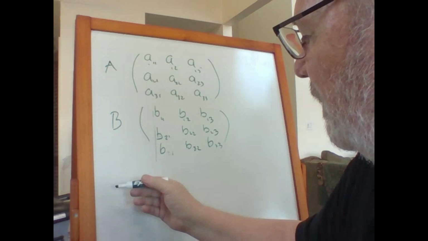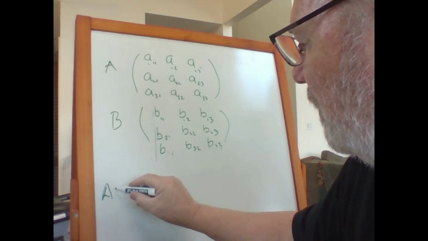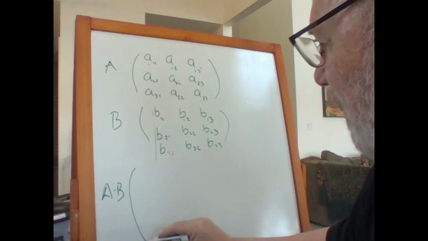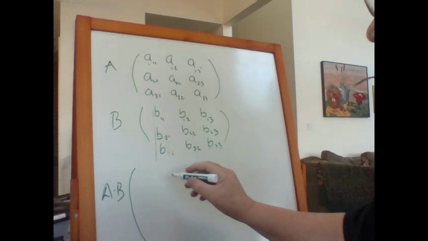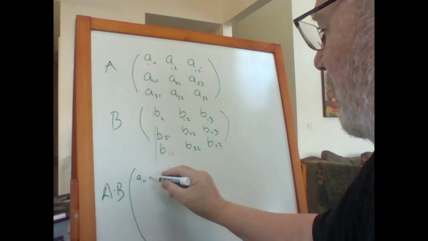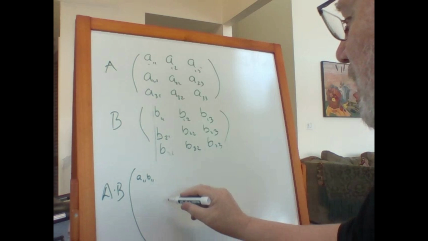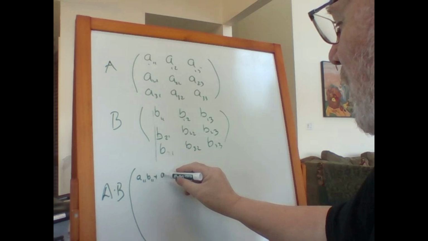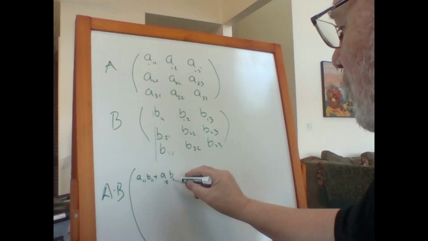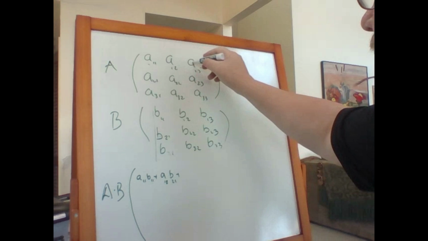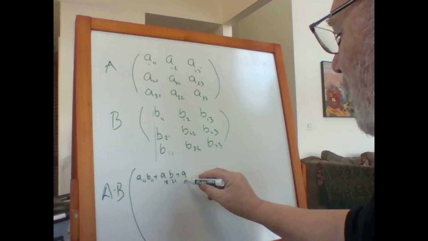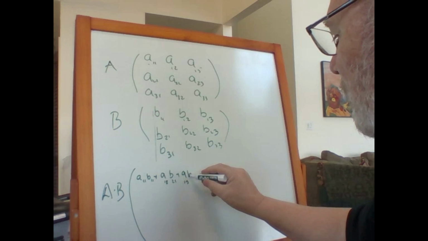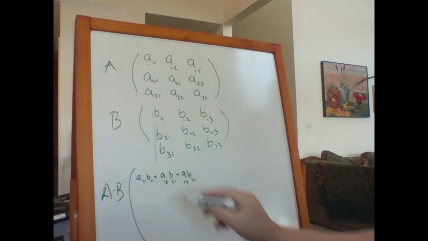A times B, and this is going to be a little bit harder to represent on this board: A1,1 B1,1 plus A1,2 times B2,1 plus A1,3 times B3,1. That is our first position.